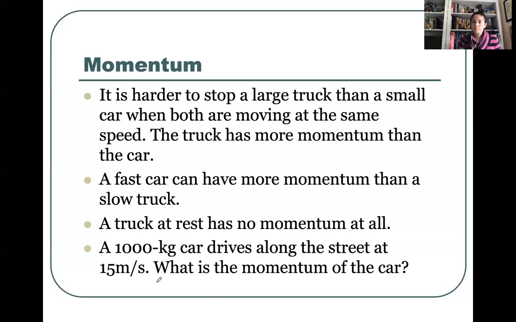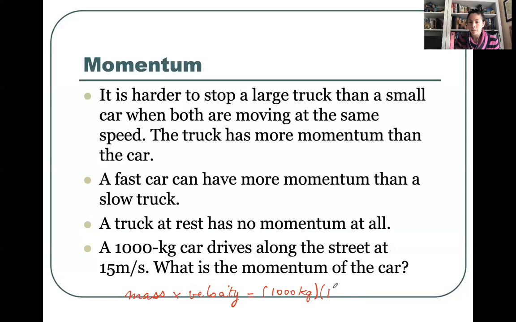And so, all right, so we said momentum is going to be the mass times the velocity. All right, so in this example, we're not given any information about the direction. So we're just looking at the magnitude of our momentum. So it's going to be our mass, which is 1,000 kilograms, times the velocity, or the speed.